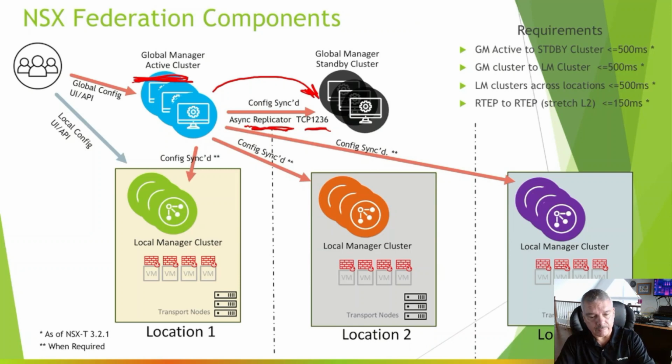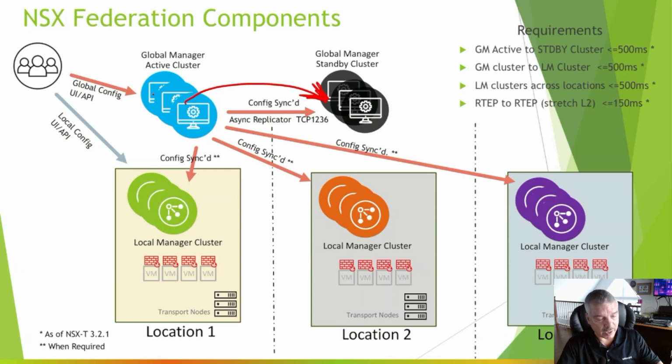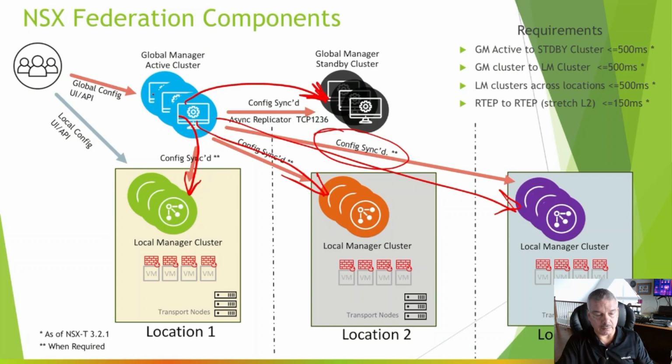Now, when you're creating objects, the active global manager will, as I mentioned, sync it to the standby, so it's aware of it in case the active cluster dies, and it also has to push it down to each location. Again, notice it's using that config sync here, the async replicator on port 1236, to do that.